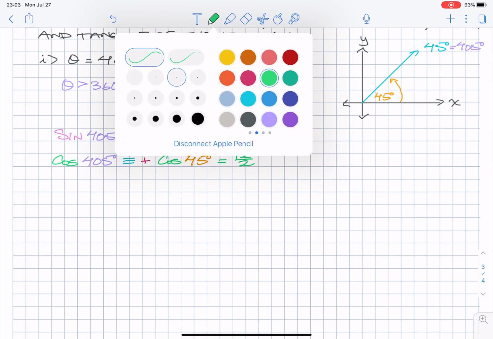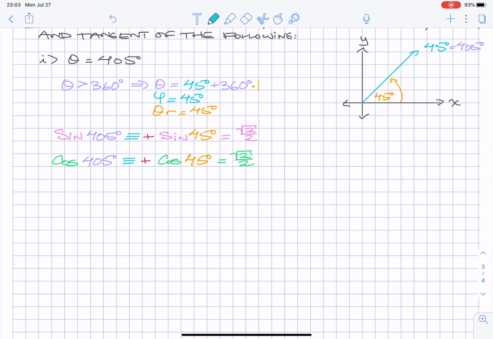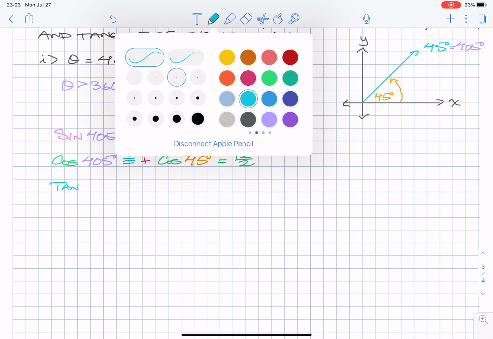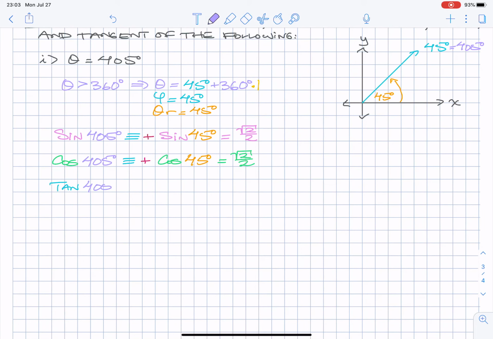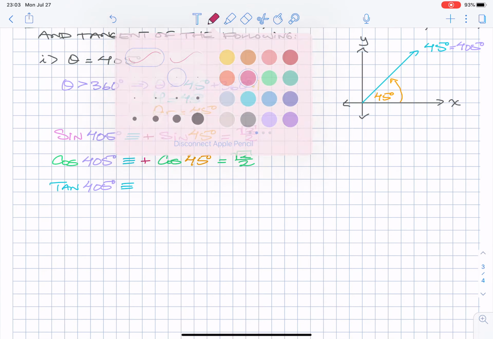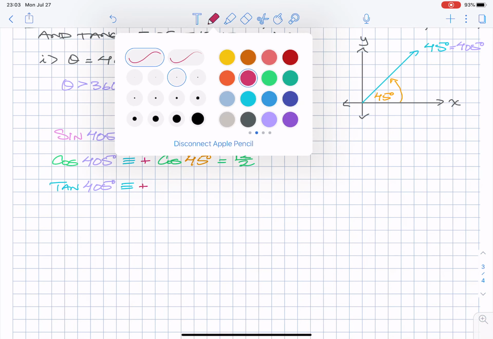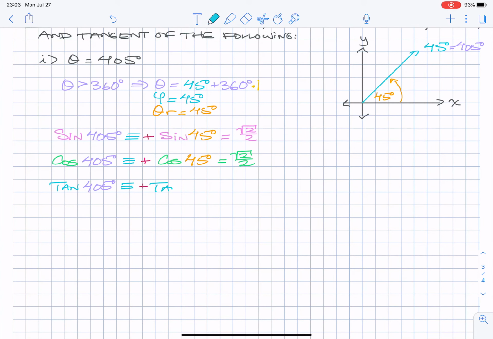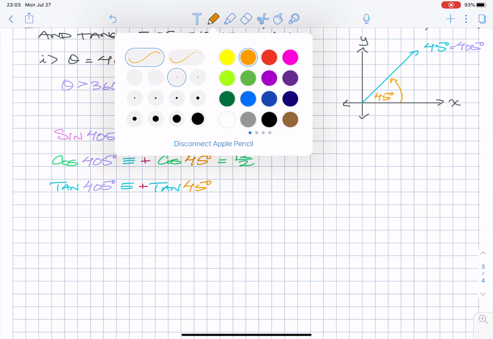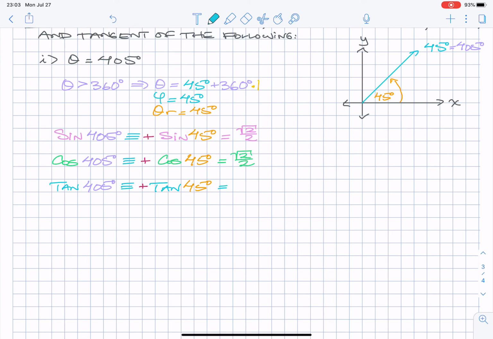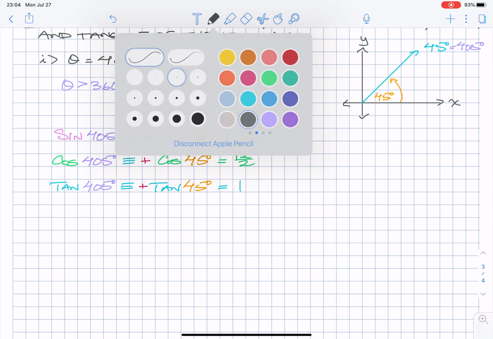And I claim that tangent, what color should I use? Blue. Tangent of 405 degrees is going to be equivalent to the quotient of the two above. So this is equivalent to tangent of 45 degrees. And if I just take the quotient of the two above, anything divided by itself is 1. Okay, well this didn't really illustrate much, so let's kick it up a notch with number 2.